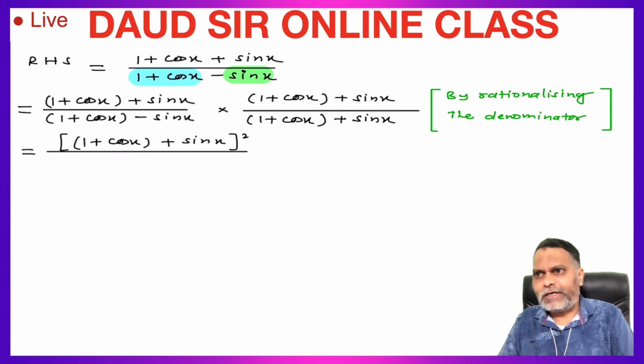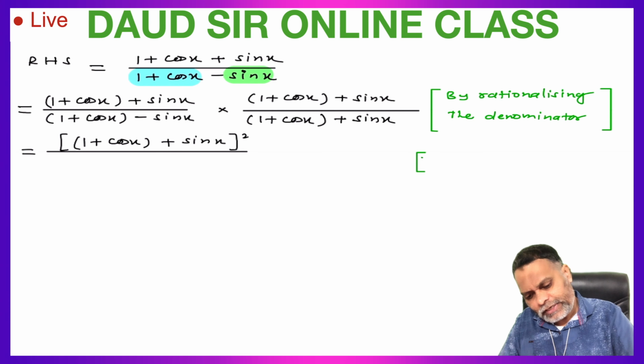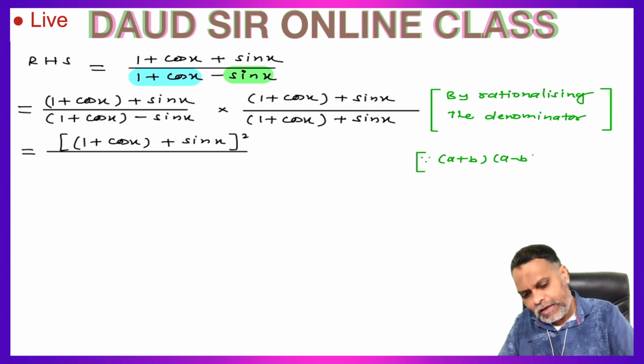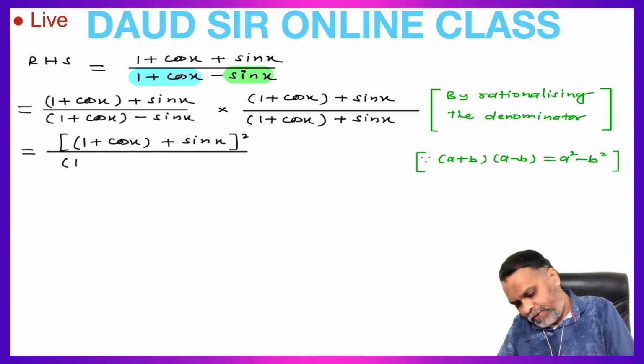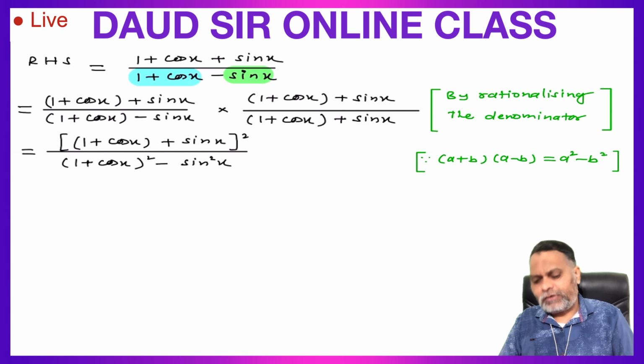So apply the identity a plus b into a minus b is equal to a square minus b square. This algebraic identity we can use in the denominator. So it is 1 plus cos x whole square minus sin square x. Now simplify this.